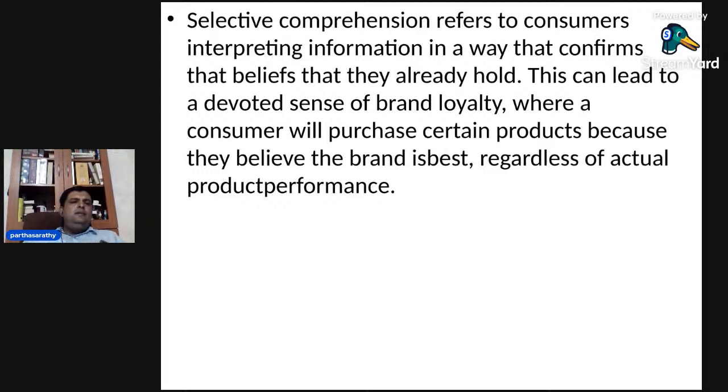That is why we say the products are created in the factory. The brands are created in the minds of the customer. I repeat, the products are created in the factory, but the brands are created in the minds of the customer. A company like Tata has been there for many years, and the brand legacy has been passed on from generation to generation.